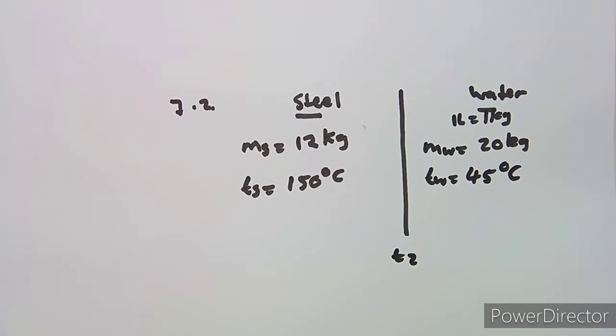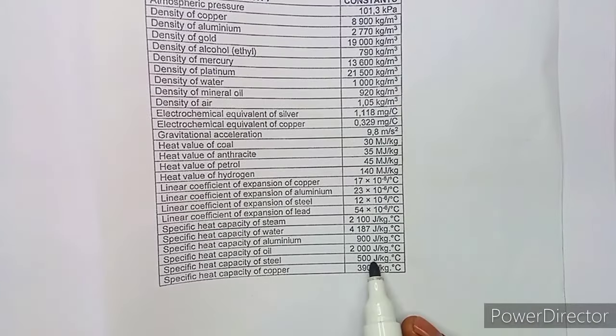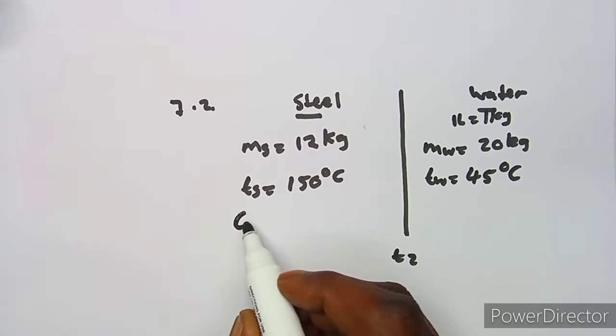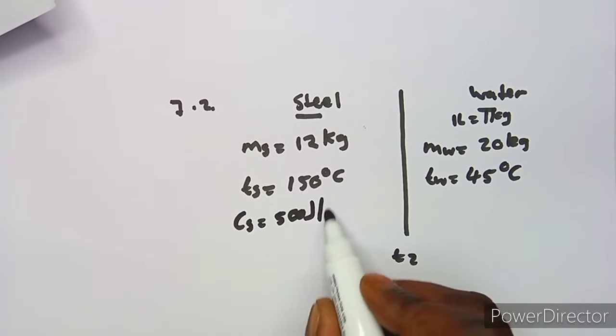So definitely there are a lot of things that we do not have, which is the specific heat capacities of these. So we need the specific heat capacity of steel, which is 500 joules per kg degrees Celsius.